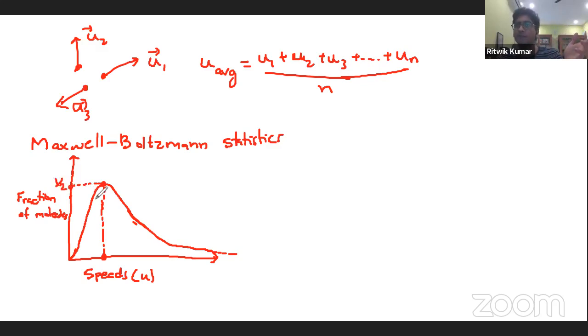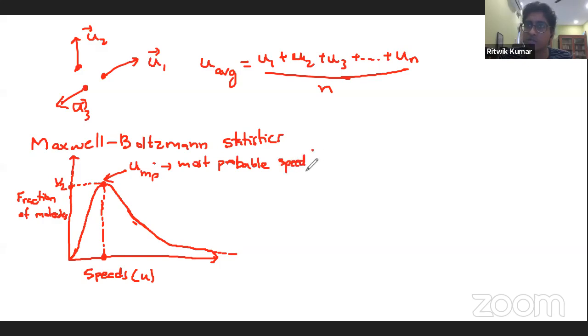Let's say it's half or 0.5, just for understanding the statistics better. This suggests that half the molecules have a speed u1, and that is the highest fraction of molecules. Any other speed has a fraction of molecules associated with it less than this. So this would be the most probable speed or velocity, because the most number of particles are associated with that speed. This is the most probable velocity or speed, however you are discussing it.